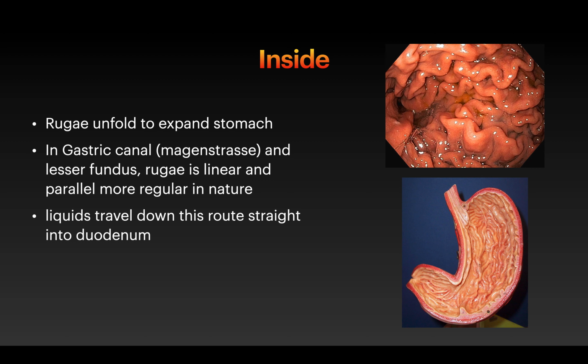Okay, so inside the stomach is very folded, and these folds work just to compress the stomach when it's empty, and they unfold to expand the stomach when you eat. Inside the gastric canal, also known as the Magenstrasse and the lesser fundus, the rugae are all disorganized at first, and then they become more linear, parallel and regular.